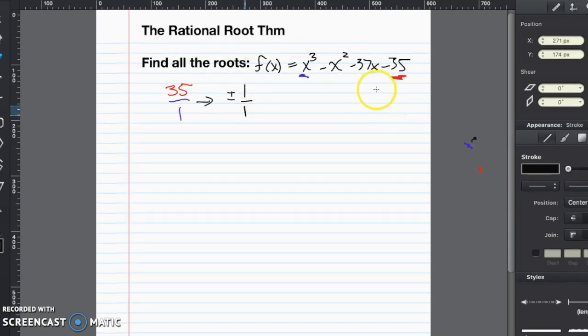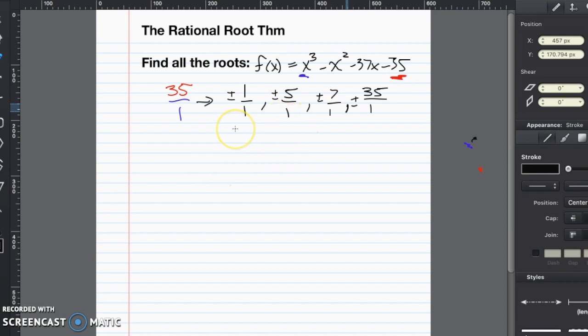I have plus or minus 35 over 1, or 35. I can have plus or minus 5 over 1, and I can have plus or minus 7 over 1. So those are all the possible rational roots I can have.